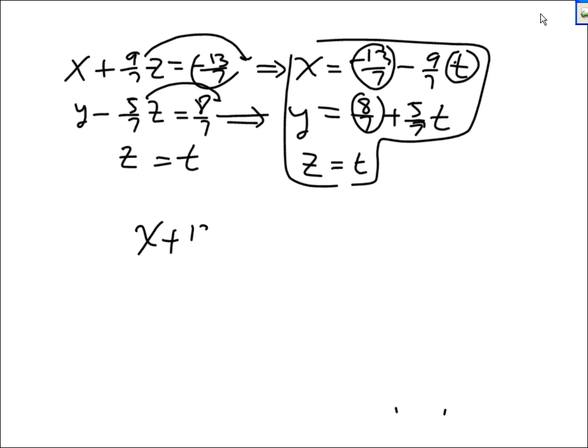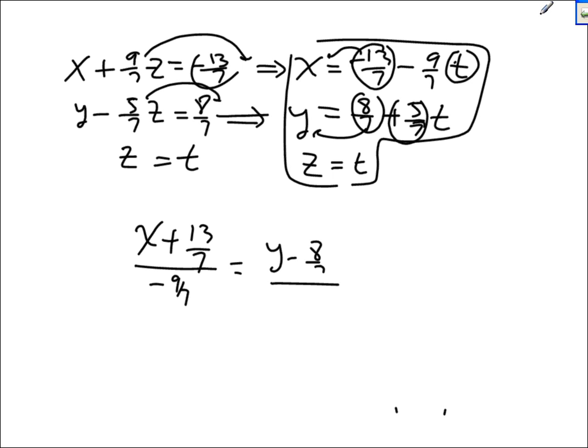X plus 13 over 7, I brought that over, and now I divide by negative 9 over 7 equals. Bring this over. Y minus 8 over 7 divided by the multiple of t. And I already know what t equals.